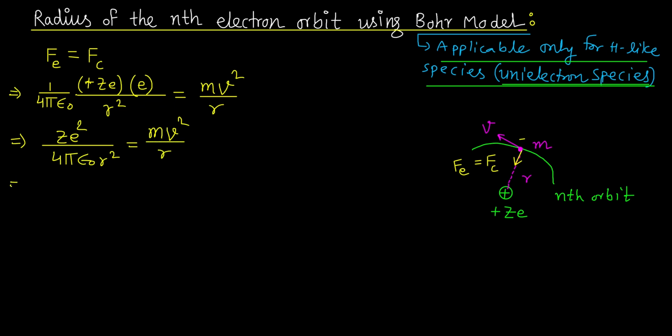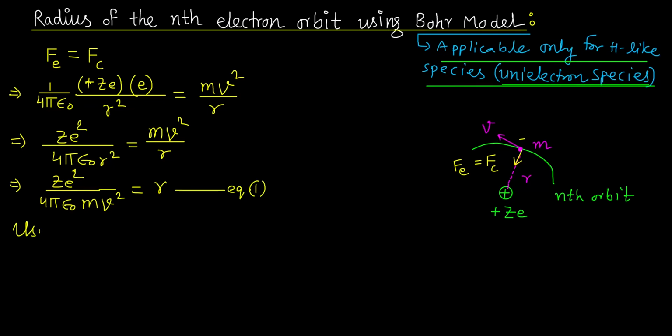Or you can write from here, this r square can be taken to the other side, and taking all other terms on the left hand side, you can write Ze square divided by 4 pi epsilon naught mv square, and this is equal to r square divided by r, that will be r. Suppose this is your equation 1.